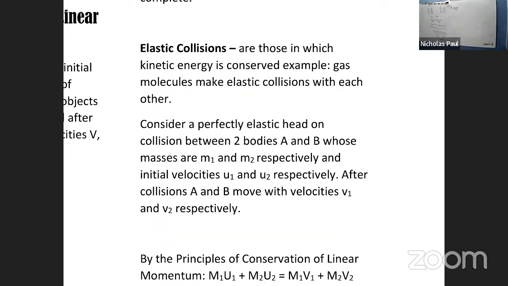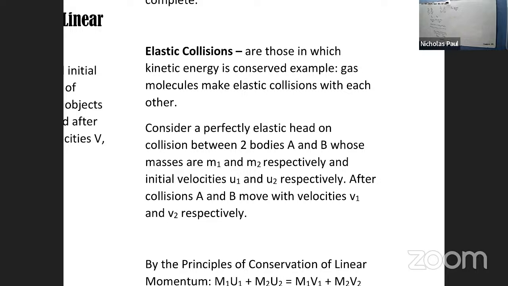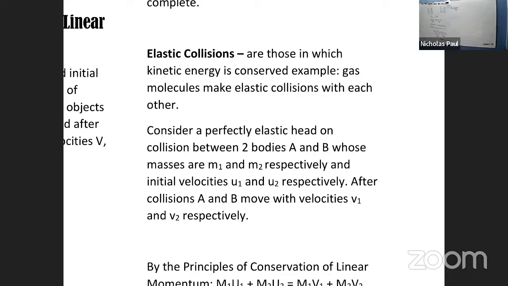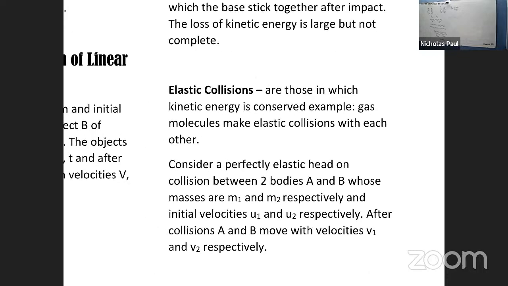Now elastic. Elastic collisions are those in which kinetic energy is conserved. For example, gas molecules make elastic collisions with each other. If you have something perfectly elastic, then we can say that momentum is conserved and kinetic energy is conserved. So remember: elastic, kinetic energy conserved; inelastic, kinetic energy not conserved.